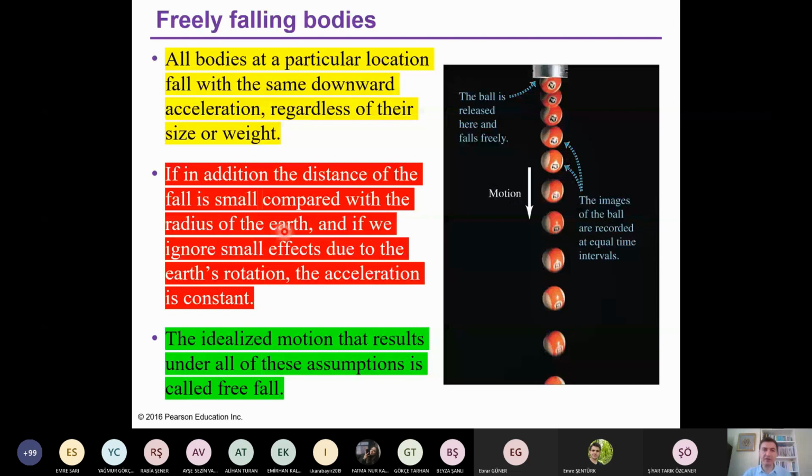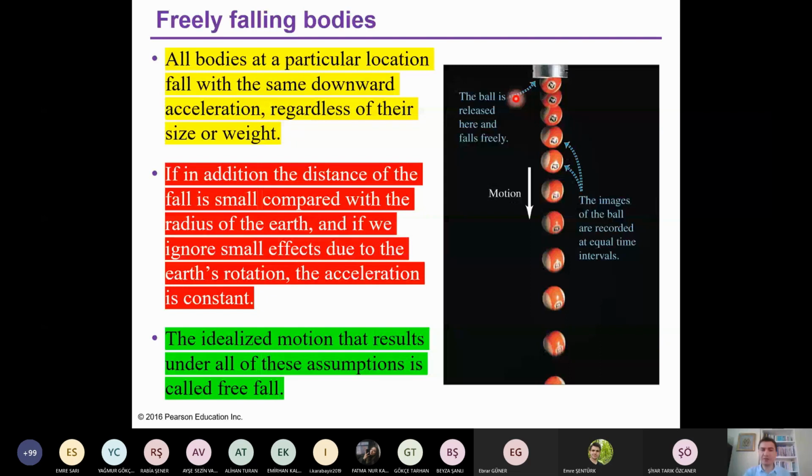So we are dealing with small distances. And then during the free fall, we will also ignore all other effects due to the Earth's rotation and the resistance of the air. We will ignore all these additional effects, and we will consider that we only have the influence of gravity. So this is free fall.